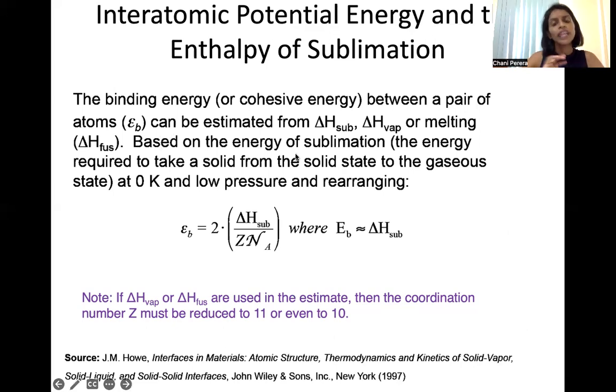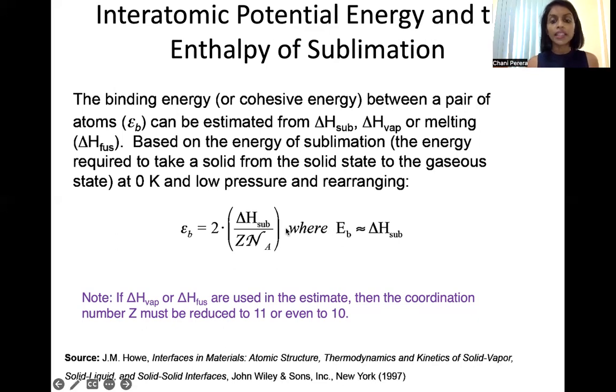So that's why we always go with the energy of sublimation, because it's roughly equivalent to this EB. But if you're using the other ones, the enthalpy of vaporization or enthalpy of fusion, then you will have to fiddle a little bit with the coordination number, right? So based on the energy of sublimation, or the energy required to take a solid from the solid state to gaseous state at 0 Kelvin and low pressure, we can rearrange this equation.